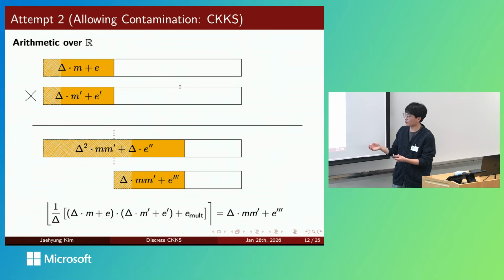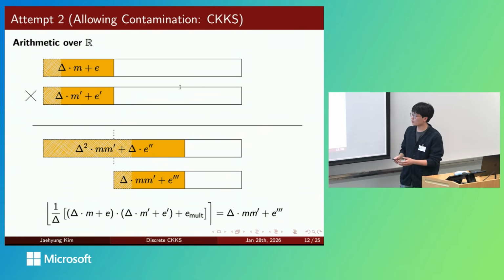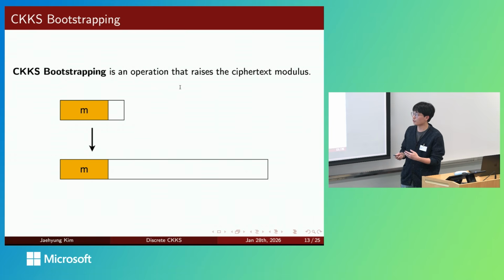So at some point you will have no space in front of these messages, and then it will incur some overflow. So it is also bounded computation, and therefore we need to do some CKKS bootstrapping, which is an operation that homomorphically raises the modulus instead of homomorphically reducing the noise.